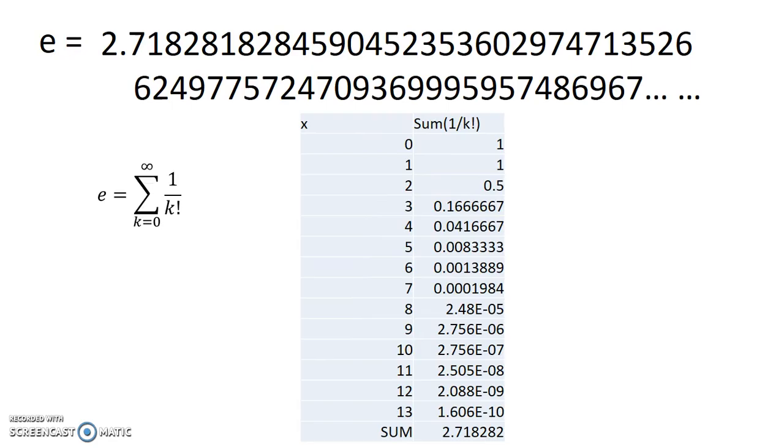With the new formula, with this infinite series formula, you get 1 plus 1 plus, so it's 1 on x factorial, let's just say x. And now it does say x, and so 0 factorial is 1, so that's 1 and 1.